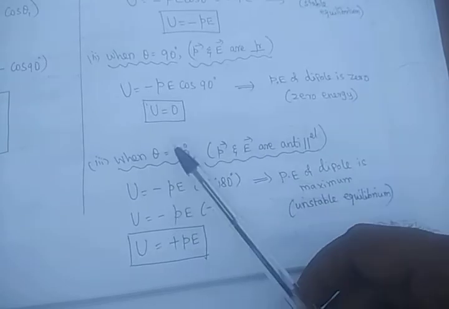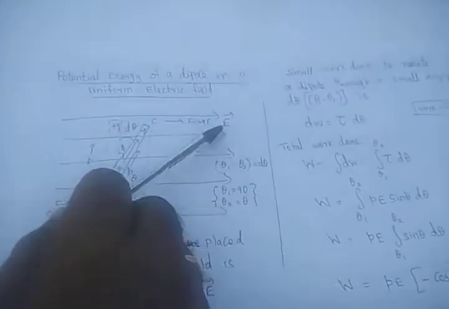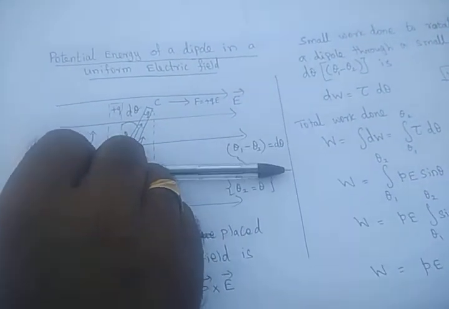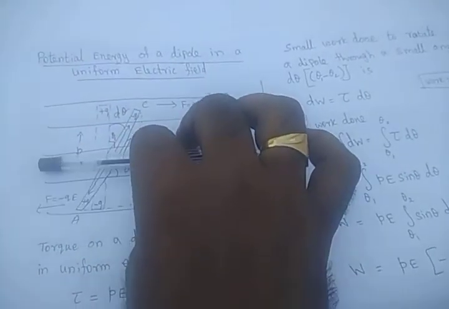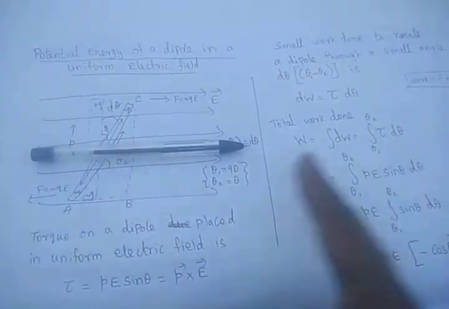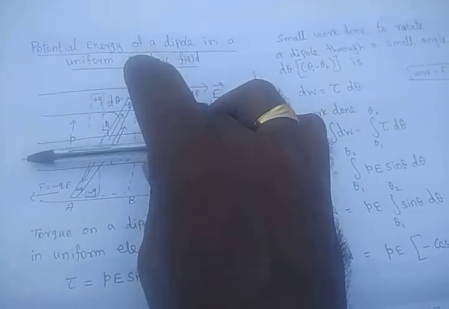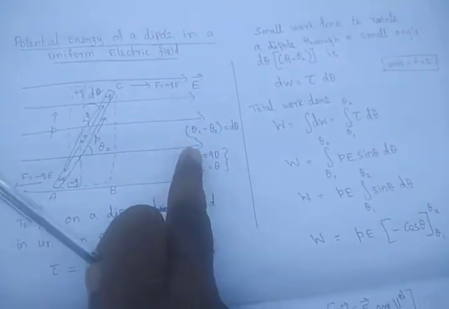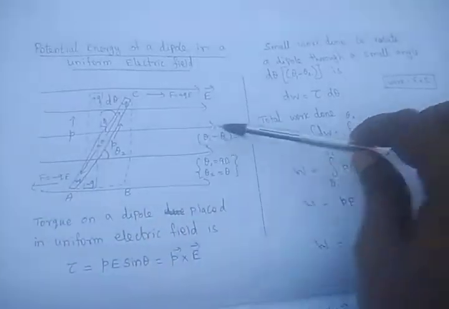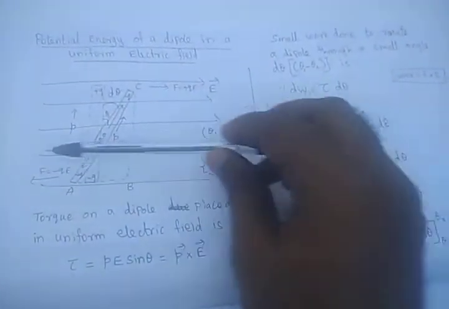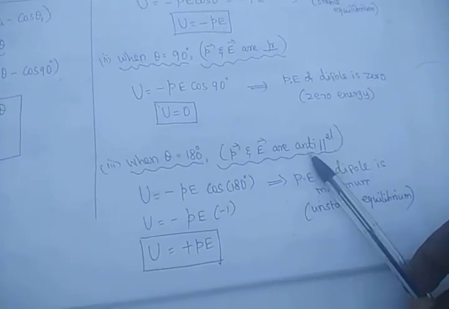Now, when theta is equal to 180 degrees, that means this is the dipole moment direction. In the first case we put theta equal to 0, in this direction. Now, if the dipole moment direction is opposite, that means negative charge here and positive charge here, the dipole vector will be opposite to the electric field vector. So that is anti-parallel to each other.